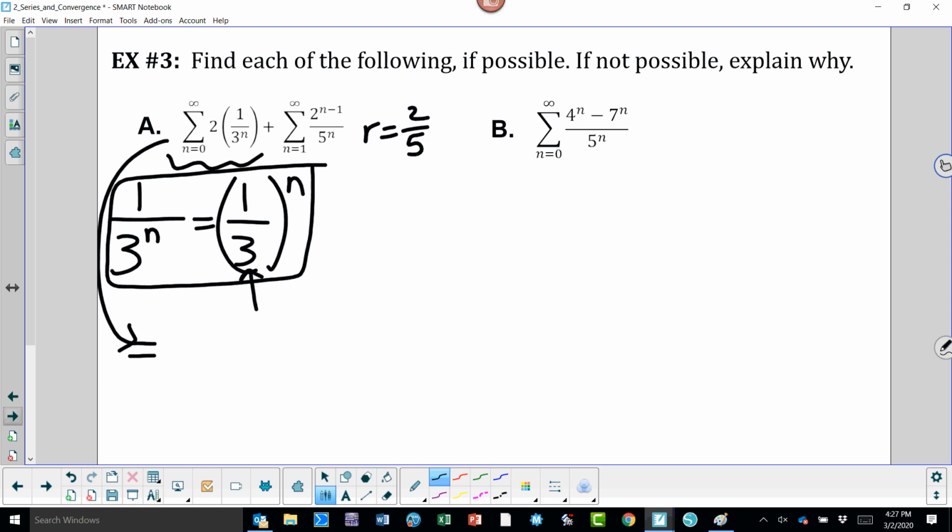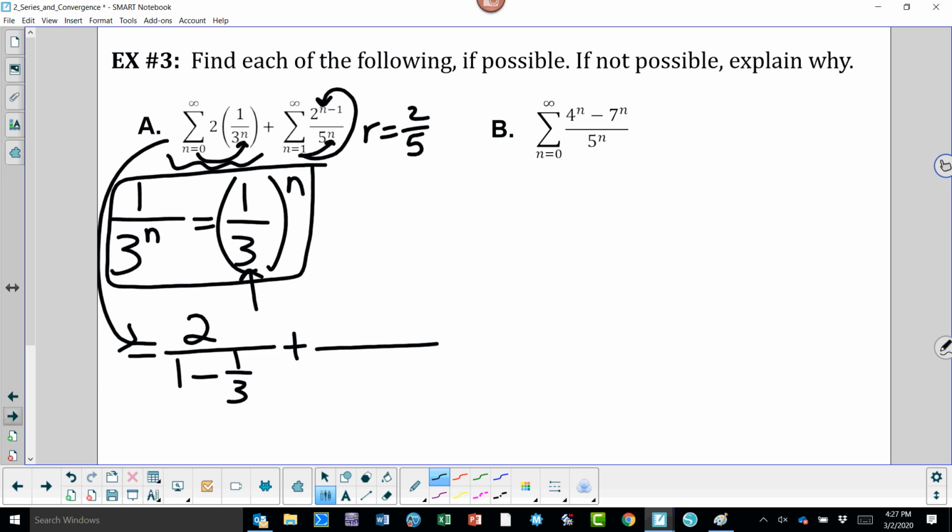So for the first one, remember, it's the first term. If I plug in 0 for the first term, I'll have 3 to the 0, which is 1. 1 over 1 is 1, times 2 is 2. So the first term is 2, over 1 minus the ratio, which we said was 1/3. Plus, we know that this one converges, so we just need to figure out the first term. Again, plug 1 in here and plug 1 in there.